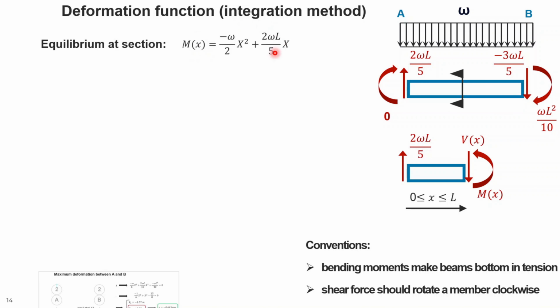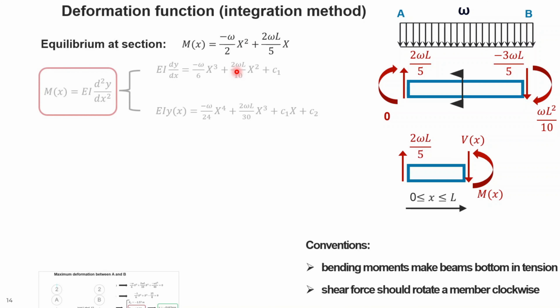So this is the function of moment, internal moment along the element AB. And when we have the internal moment function, the internal moment function is always equal to EI times the second derivative of y. y is the deformation function along the AB element.